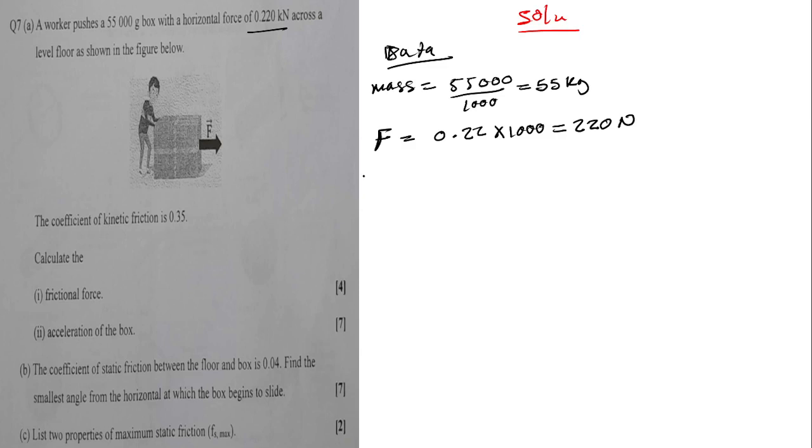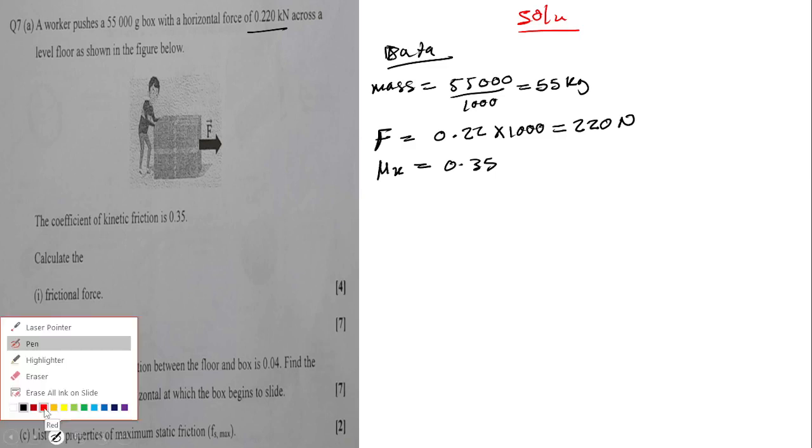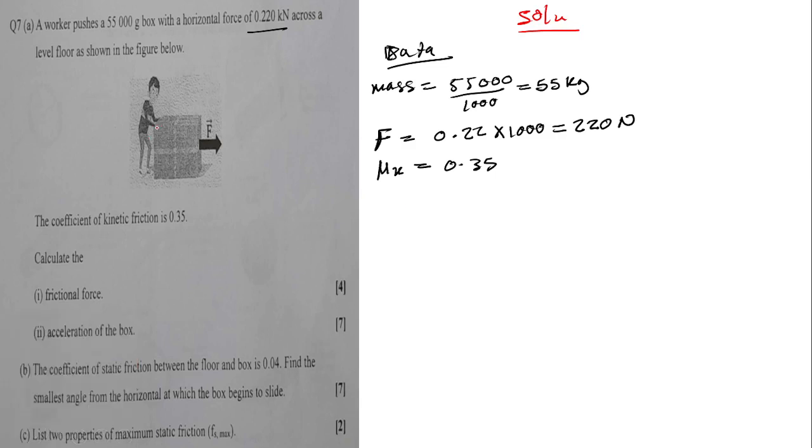Then another thing we have been given is the coefficient of friction, mu k, which is equal to 0.35. Another thing you have to understand is the free body diagram of this particular object.